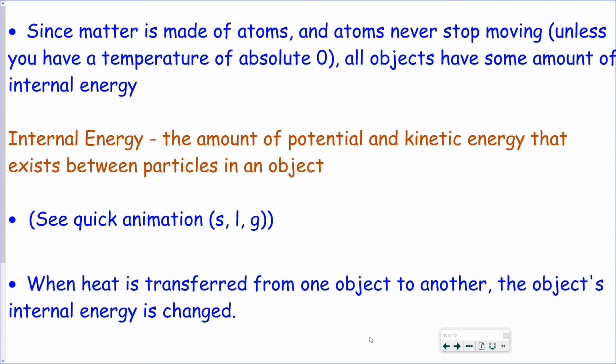So we are going to look at a quick animation here, which is going to show what we mean by internal energy. And before we do that, please know that when heat is transferred from one object to another, you are going to change the internal energy of the first object by transferring energy to the second object.